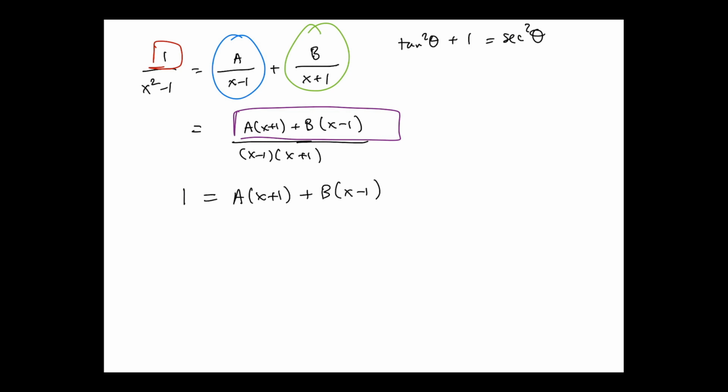Well, I would end up with ax plus a plus bx minus b, and then I'm going to choose to group things in the following way. I choose to put the x's together and the other stuff together.